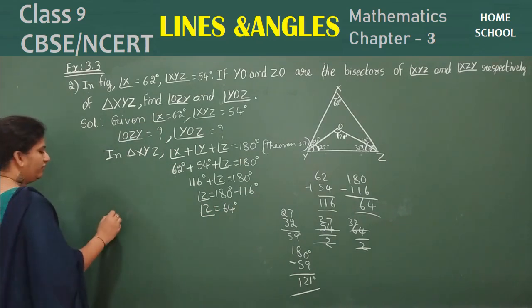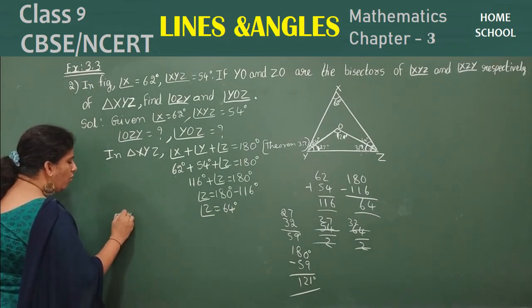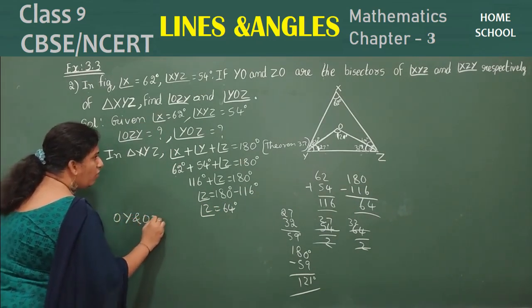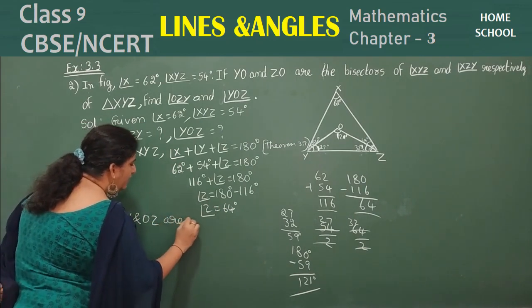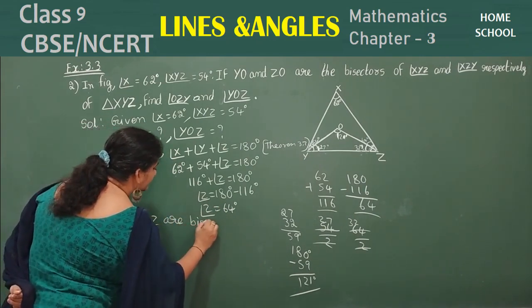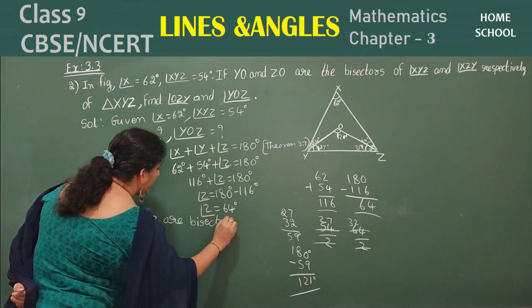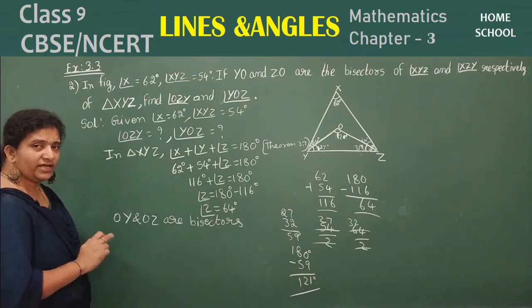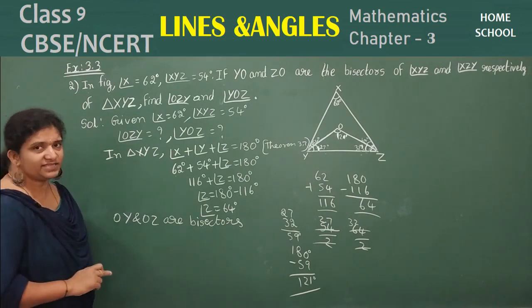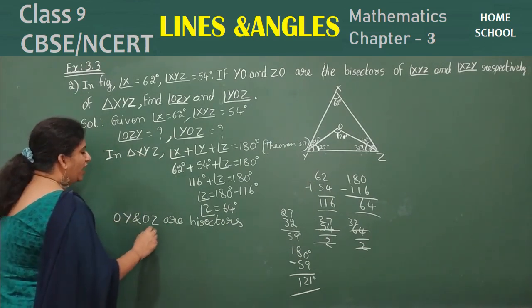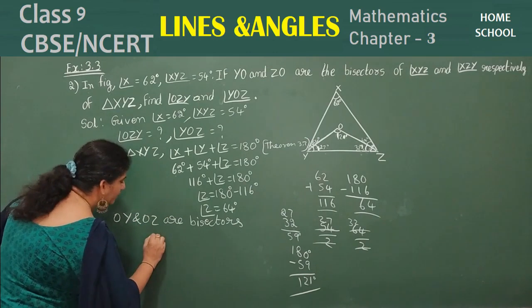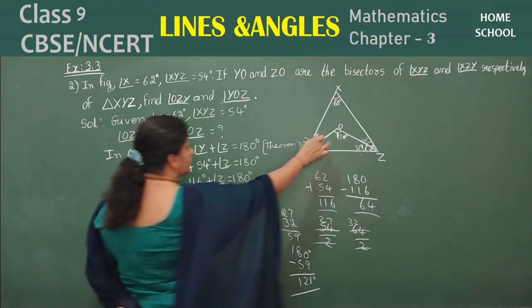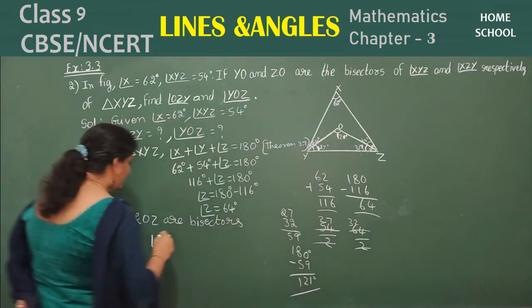Okay, we know that OY and OZ are bisectors. Then what does a bisector do? It divides the angles equally. Therefore, I will write here angle, which angle do you want, children? OYZ, right?